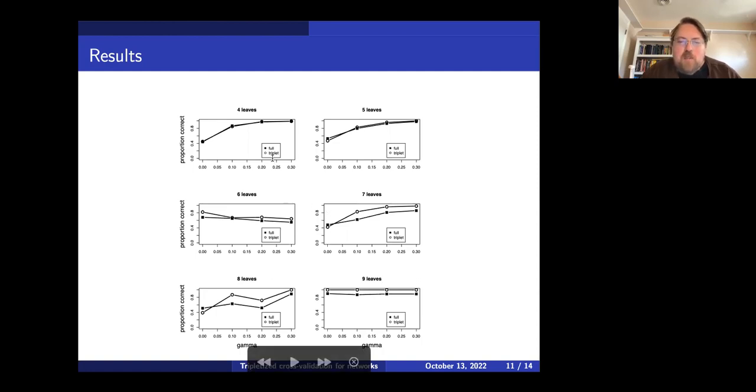In these plots, the open circles represent the proportion of correct classifications based on cross-validation for the triplet approach versus the full tree approach. For 4, 5, and 6, we see very similar performance. The advantage for the triplet approach is more that it's scalable, or better scalable than using the full trees.